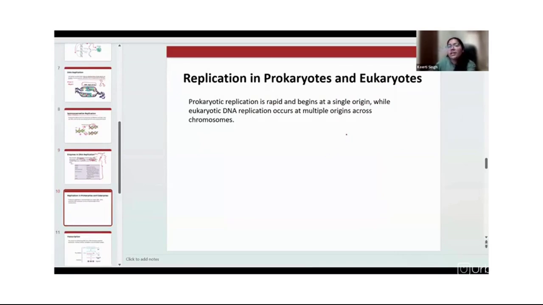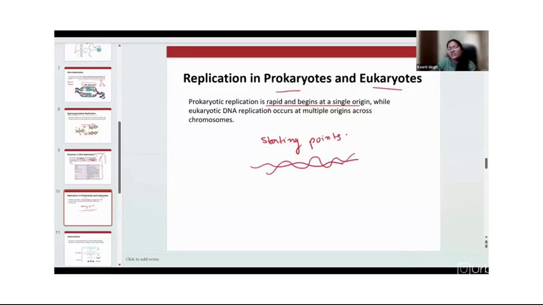Replication in prokaryotes and eukaryotes is a bit different, right? Prokaryote replication is rapid and begins at a single origin. It means it starts from a single place, right? The starting point will be one only, while in eukaryotic DNA, it happens in multiple stages, and multiple origins of replication are present, right?